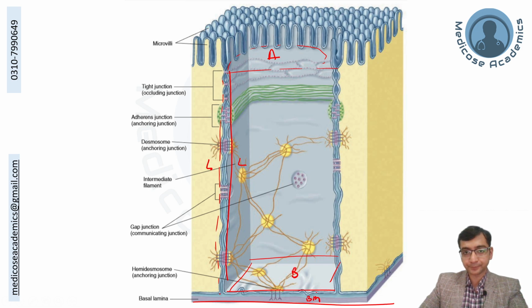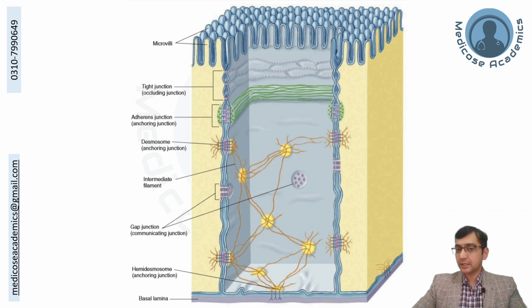So if we see the junctions from top downwards, the tight junctions will be present most near to the apical domain. They are present on the lateral domain, but at the most apical position.